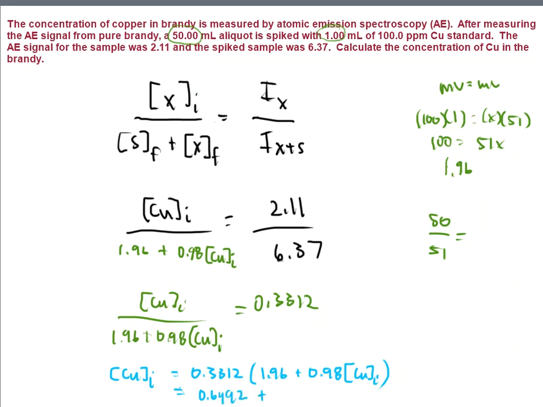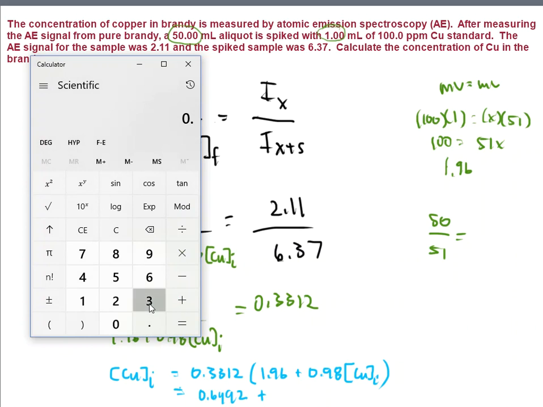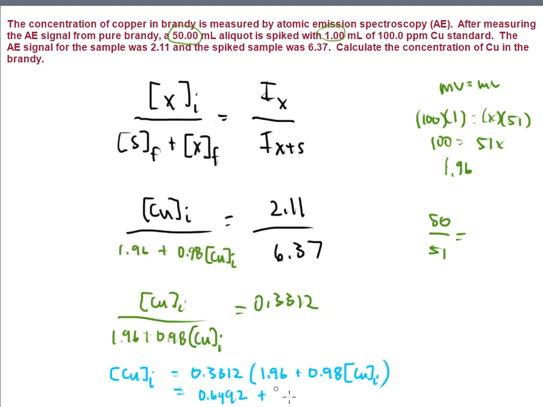Plus 0.3312 times 0.98. That gives me 0.3246 bracket CU sub I. Well, I need to get everything that's the same on the same side of the equation, right?